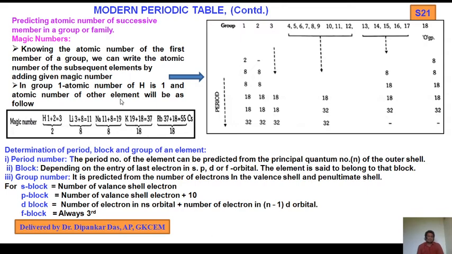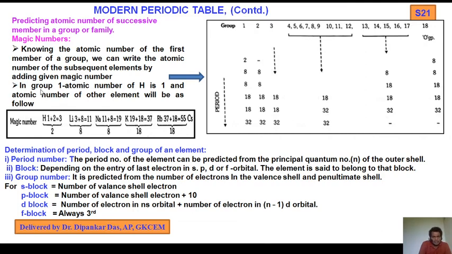As I told several times during the discussion of the modern periodic table, if you know the atomic number of fluorine, then you can easily find out the atomic number of chlorine, bromine, iodine, astatine. If you know the atomic number of one element of a group, you can find out the atomic number of other elements belonging to the same group.